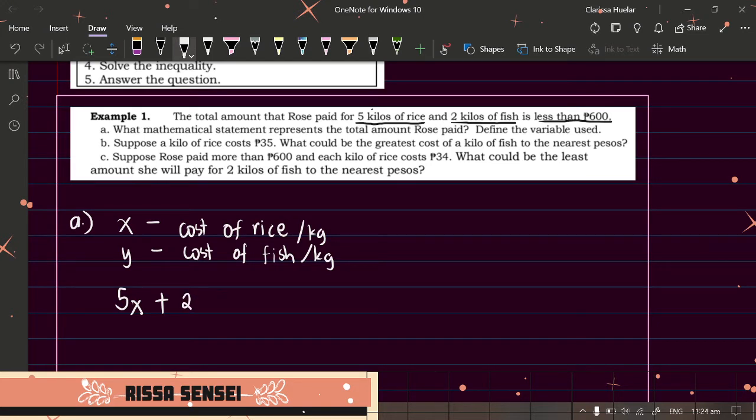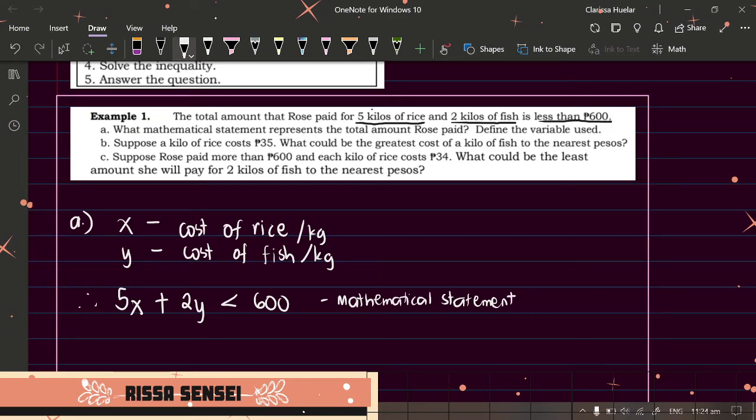So, 2 times magkano ba yung isda? Hindi natin alam. So, we use y, diba? So, 2y. Ano yung symbol for less than? So, ganito ang less than. Yan, less than 600 pesos. So, therefore, this is the mathematical statement: 5x + 2y < 600. O, diba? Madali lang.